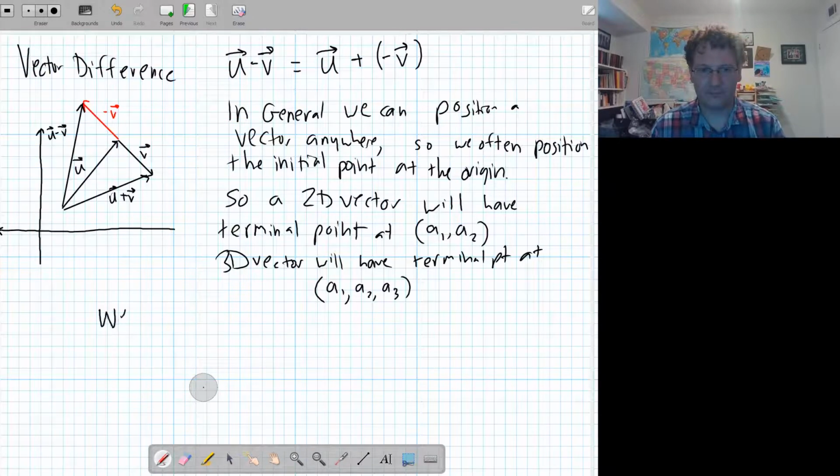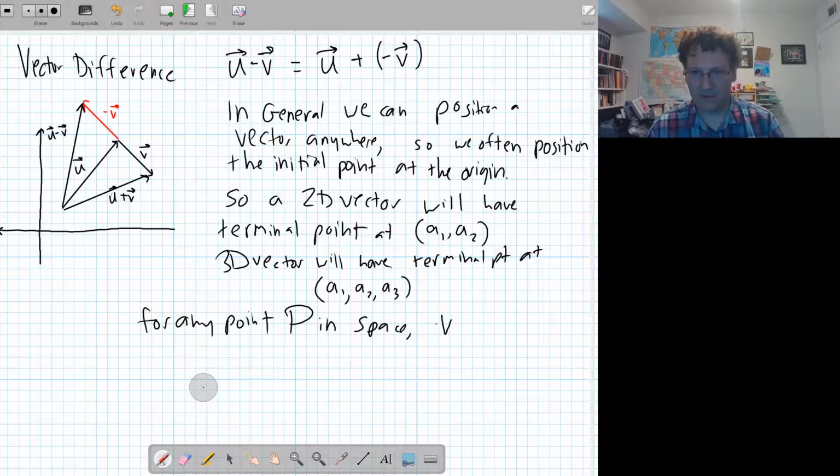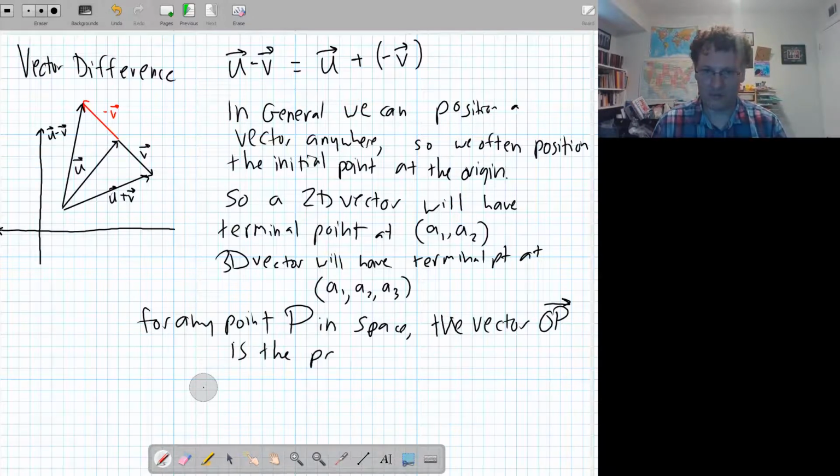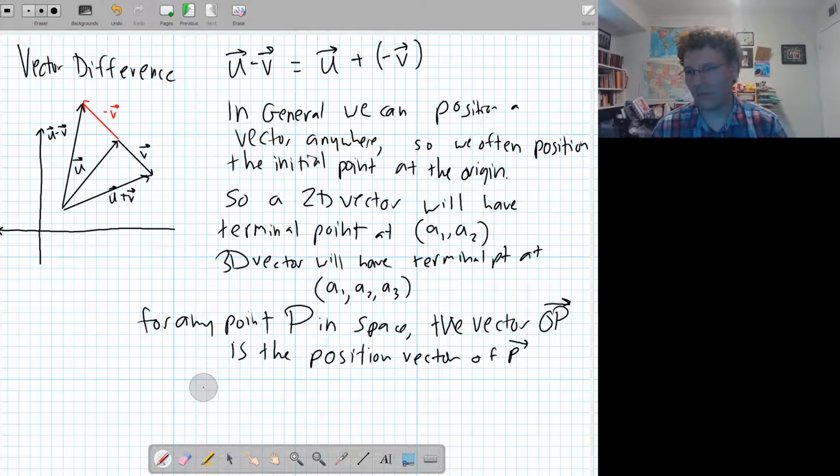So for any point P in space, the vector OP, origin to that point, is the position vector of P. We'll be talking about position vectors a lot, and it's a way of changing our perspective on a geometric object.